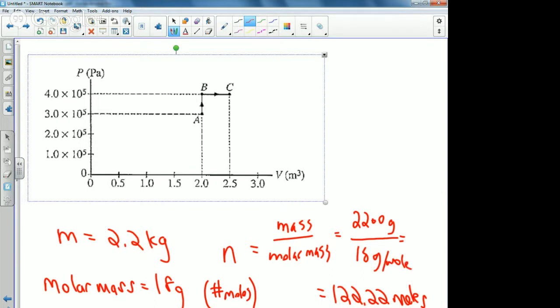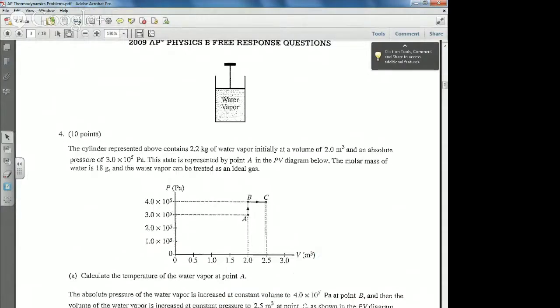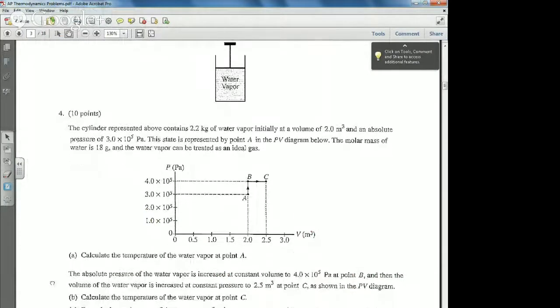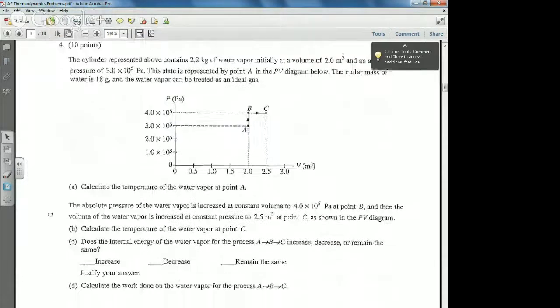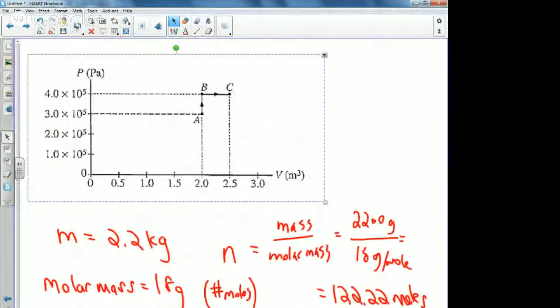Okay. So now that we know N, they want you to find the temperature at point A. Get to work. What's the temperature at A?